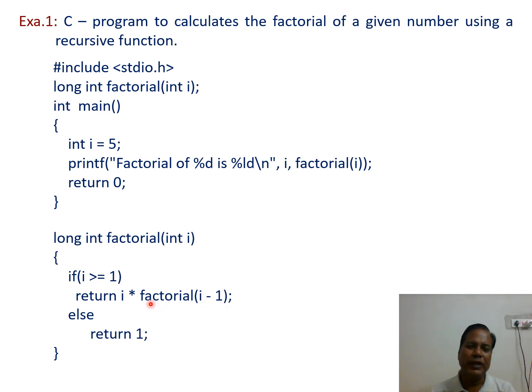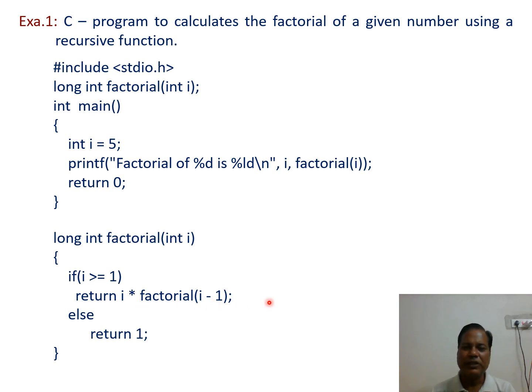So in this way, this function is called again and again till the condition is no longer satisfied, when this value becomes 0, or before that, return I, that is, here it has to return the value of 5 into 4 into 3 into 2 into 1.